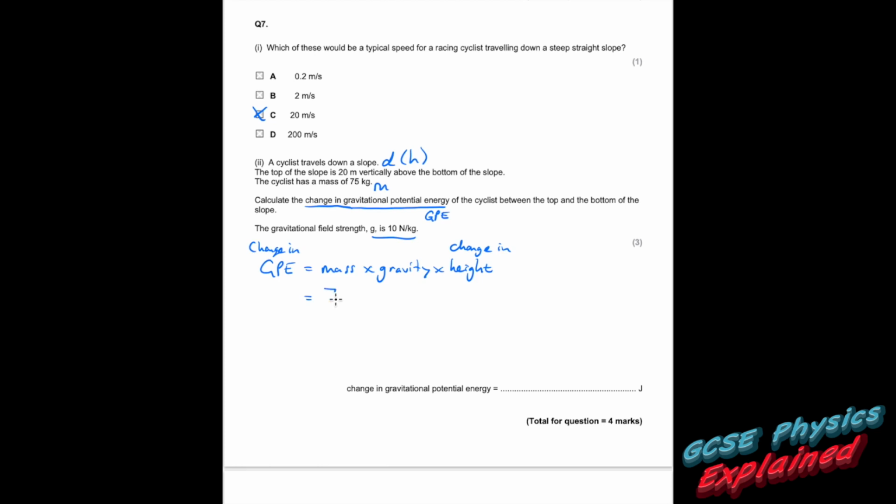So just pop the numbers in. 75 kilograms times by 10 newtons per kilogram times by the height, which was 20 metres. And that comes out as 15,000. And that's joules.